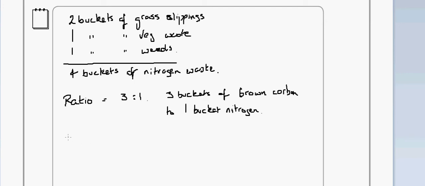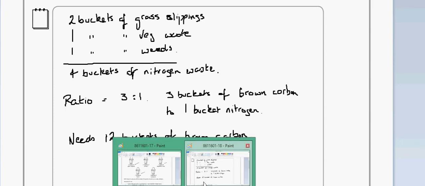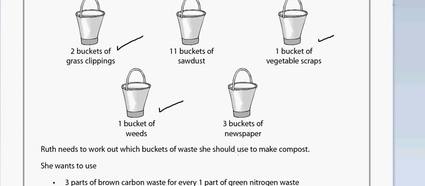Okay, so we can say that she needs 12 buckets of brown carbon. Now she doesn't need to use all of the brown carbon.